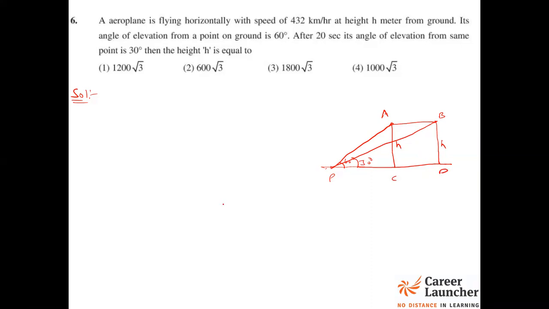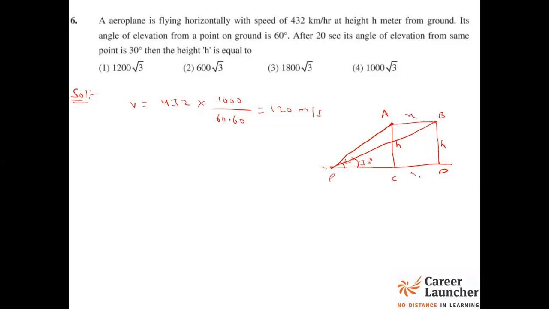Now, the speed is given. Let us convert that speed from kilometer per hour to meters per second. So 432, 1 kilometer is 1000 meters and 1 hour is 60 minutes times 60 seconds. It simplifies to 120 meter per second. So this is the speed we have converted. Now, what about this distance AB? Let us consider this distance AB as x.